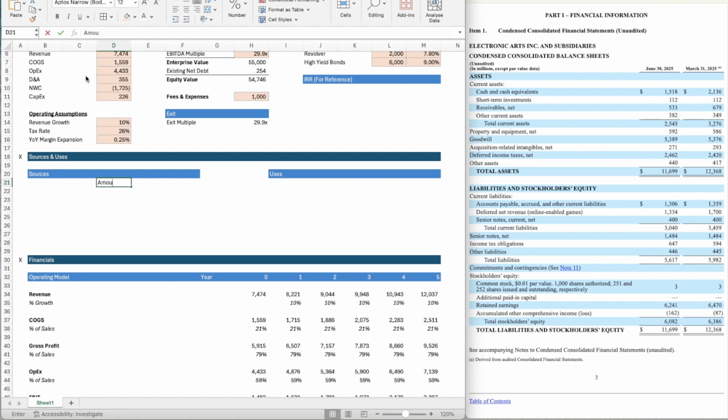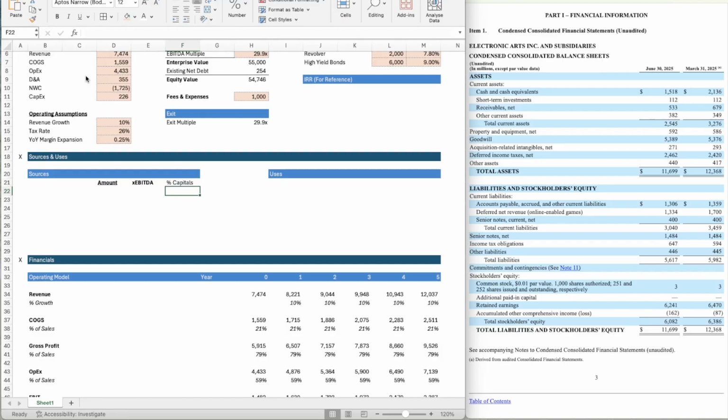So we need amount. Underline it. EBITDA, how many times EBITDA is that amount from of the funding?